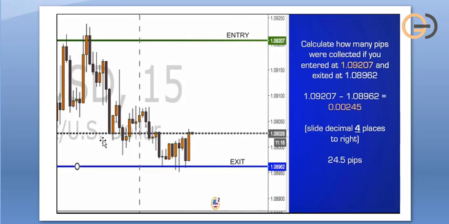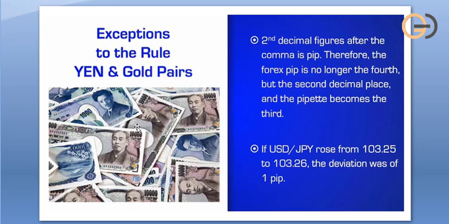So how do you know how many pips the market has moved, the SI unit of price, the extent to which price has moved? Because that's how you're going to calculate how much you make and how much you lose. To calculate this, you remove the entry point from the exit point, and then you slide 4 decimal places to get the exact number of pips that the price has moved. Okay, so that is how we get it.